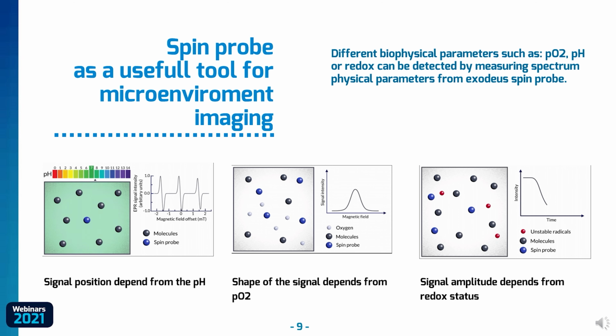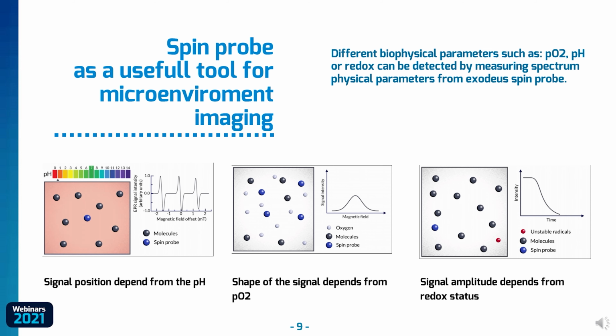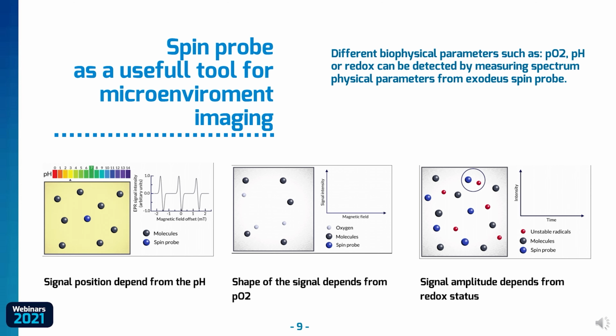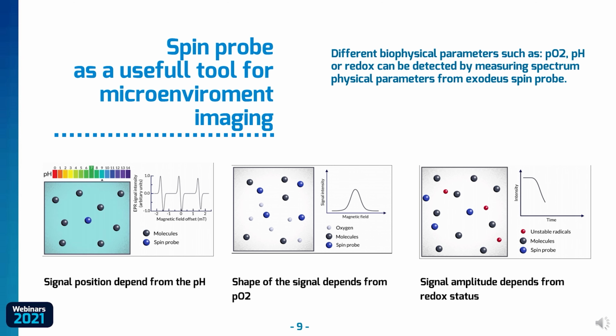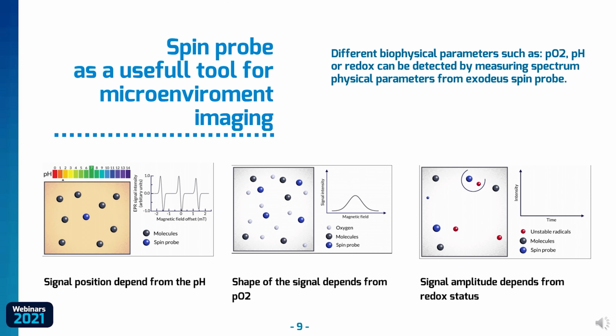In the middle, signal width can be related to pO2. And at the right, the change in the amplitude can be related to the redox status. Therefore, in order to visualize them, it was necessary to develop a technique enabling the reconstruction of the spectra for the individual voxels of the image.